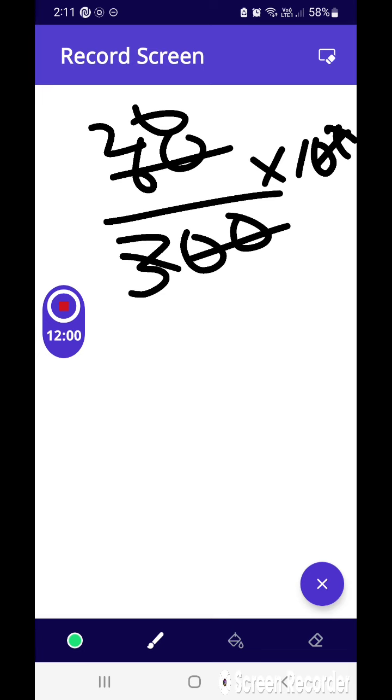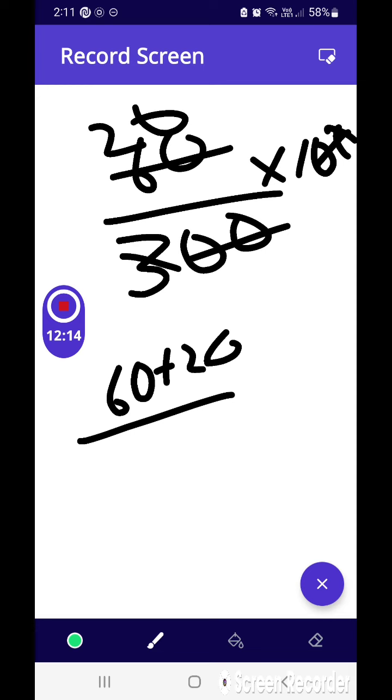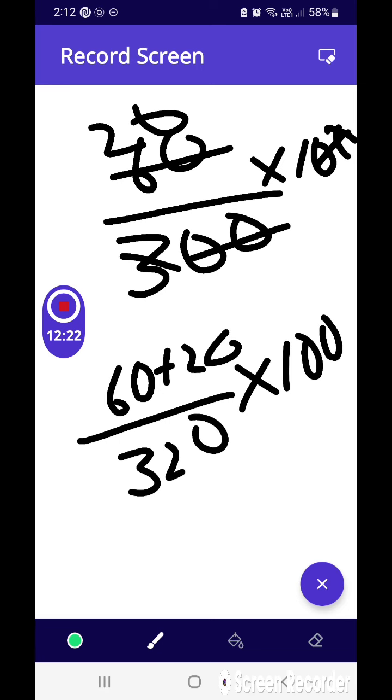Now it is saying 20 gram of sugar is more added. So means 60 gram अब हमारे पास बच गया था, हमने 20 ग्राम और डाल दिया, तो 60 प्लस 20. अब सॉल्यूशन में भी अगर हमने डाला है तो सॉल्यूशन का भी वेट बढ़ेगा. So it would be 320 into 100.